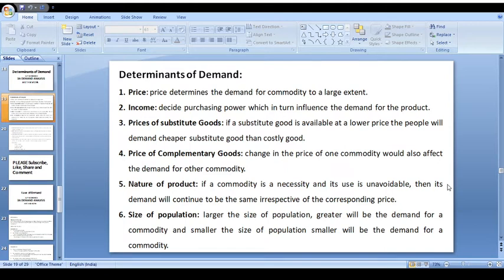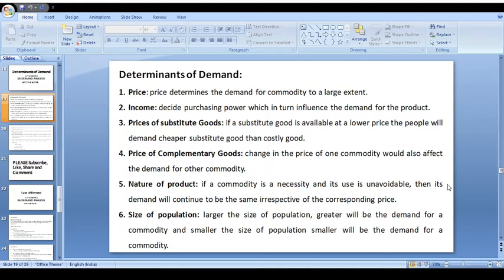Consumers prefer to purchase a product in large quantities when the price of a product is low, and they purchase a product in small quantities when the price of the product is high. As we studied in previous videos, there is an inverse relationship between price and demand.